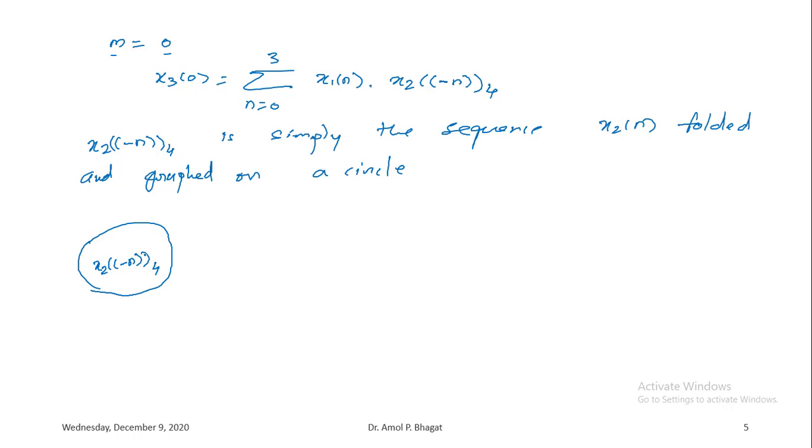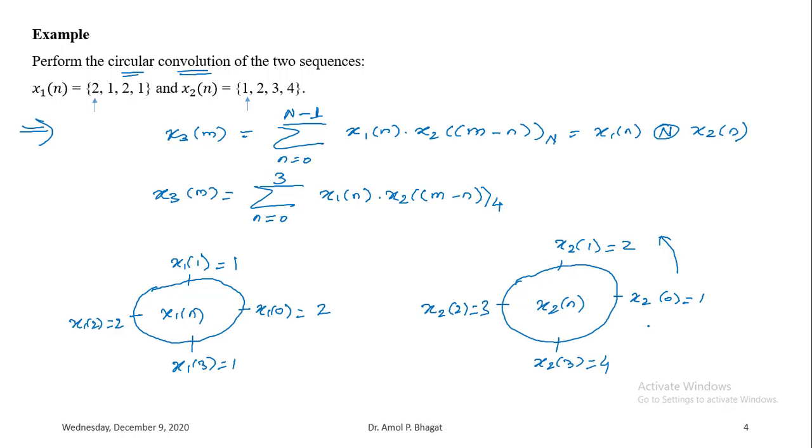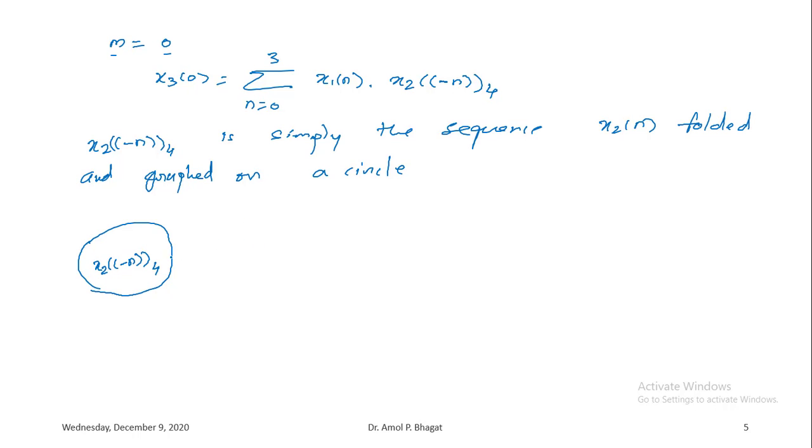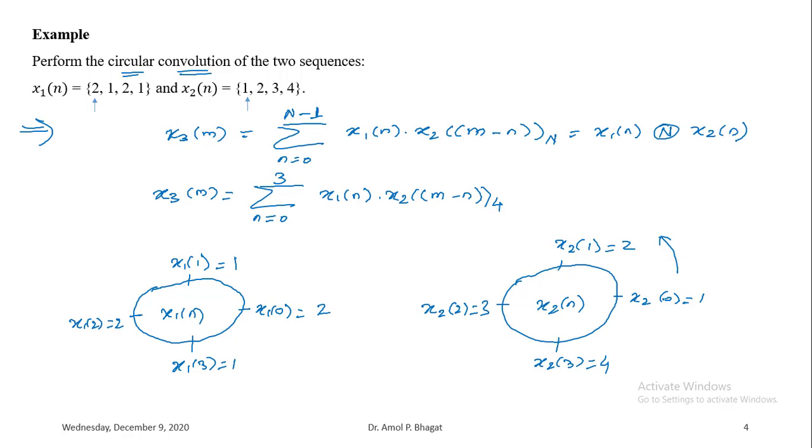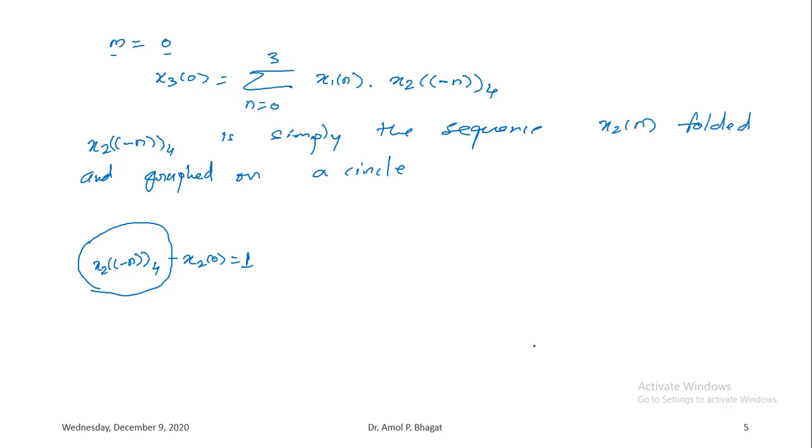So how will it be graphed? This x2 of 0 will be at the same position, that is x2 of 0 will be here, so the value is 1. Then x2 of 1 will be 2, because we are now plotting this sequence in clockwise direction. So here it will be x2 of 1, here x2 of 2, and here x2 of 3.